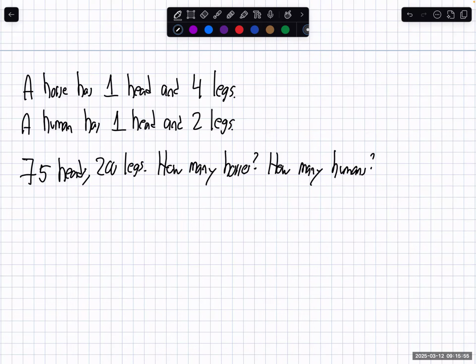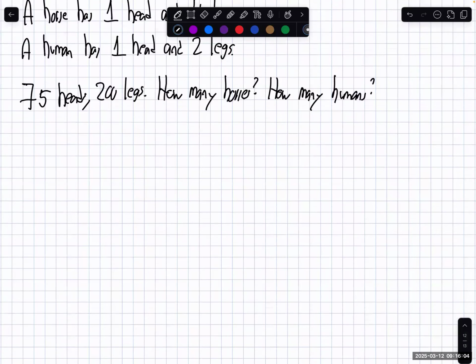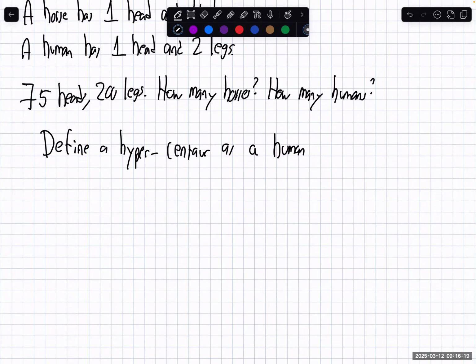I'm going to show you an alternate solution. I'm going to give the clever solution, and then I'm going to translate this into the language of linear algebra. So a hypercentaur is a human plus a horse.